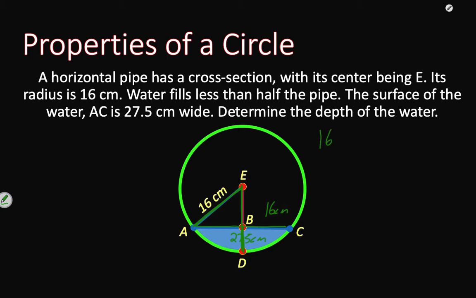So my strategy is going to stay the same. I need to figure out what E to B is. And then after I do that, I can subtract it from the total, and that will just give me B to D. In order to figure this part out, identify my right angle, 27.5 divided by 2 to get this side length right here. And now it's Pythagorean theorem.